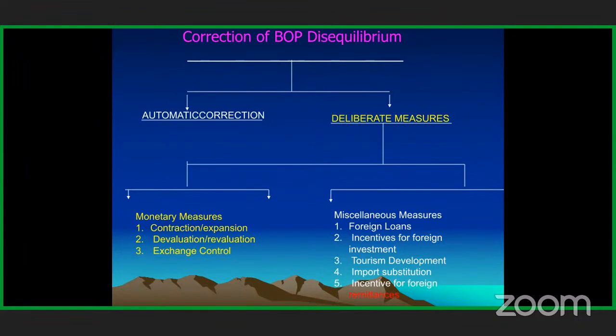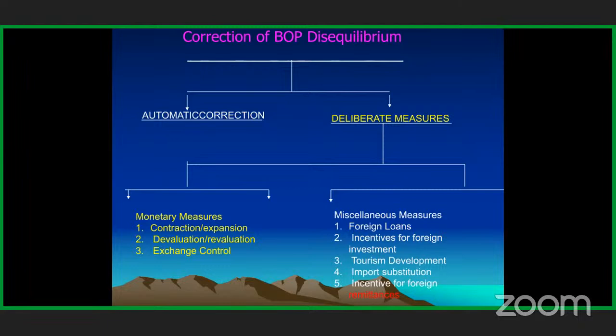And exchange depreciation. If in the international sphere, the rate of exchange is flexible, government need not resort to the policy of devaluation. Under flexible rate of exchange, in case of adverse BOP, the rate of exchange goes down automatically. As a result, exports will increase and adverse BOP will be corrected. And exchange control.